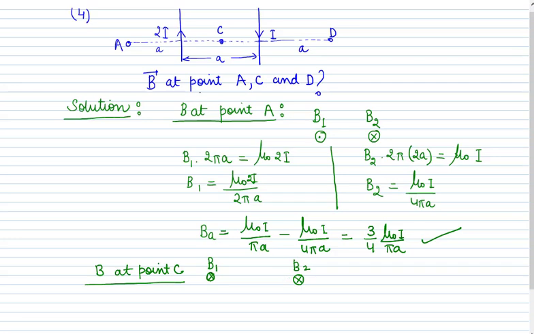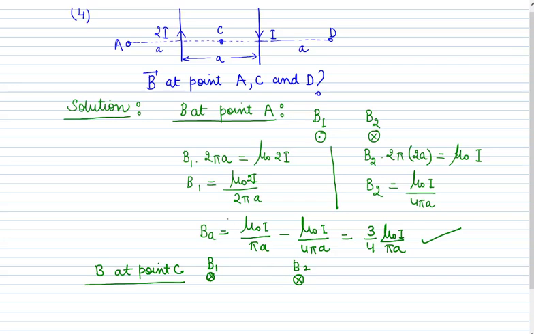So the reference point has changed. If you see that the current is flowing in the plane of paper, the magnetic field at A will be in the upward direction. But if you come to point C, it is going downward because you have changed the side. So this will also be in the downward direction.